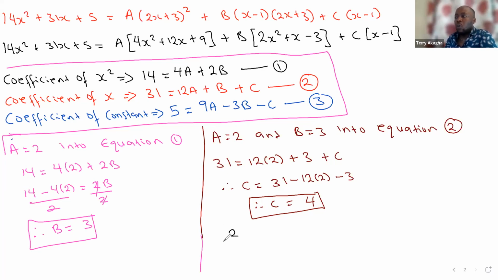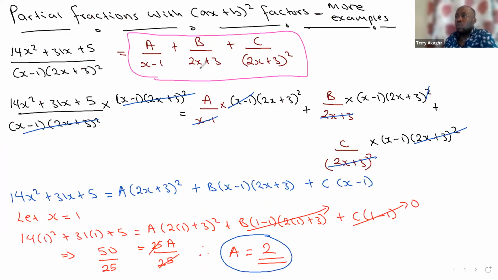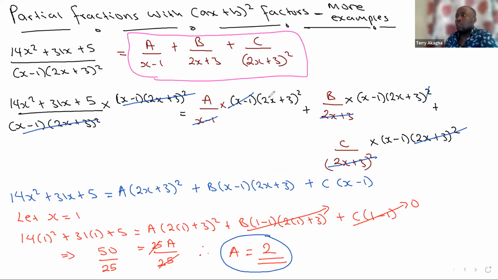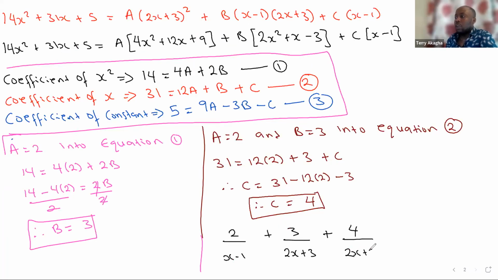It's going to be 2 over x minus 1 plus my b is 3 over 2x plus 3. And my c is 4 all over 2x plus 3 all squared.